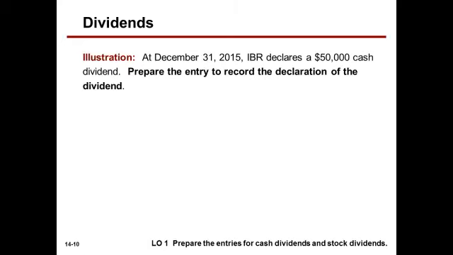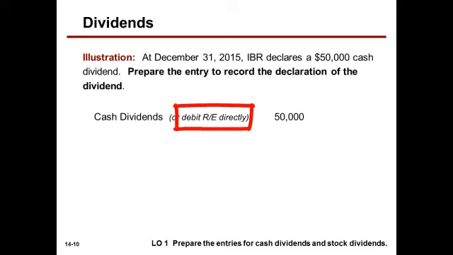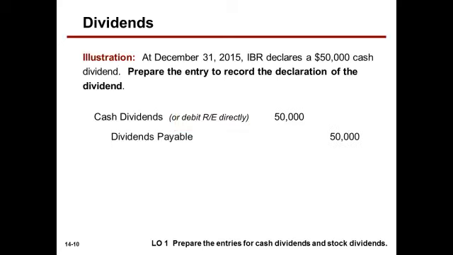Let's record the journal entry related to that $50,000 cash dividend. Debit cash dividends or debit retained earnings directly, $50,000, the total value of the dividend. Credit dividends payable, $50,000. Again, two accounts could have been used here for dividends payable.